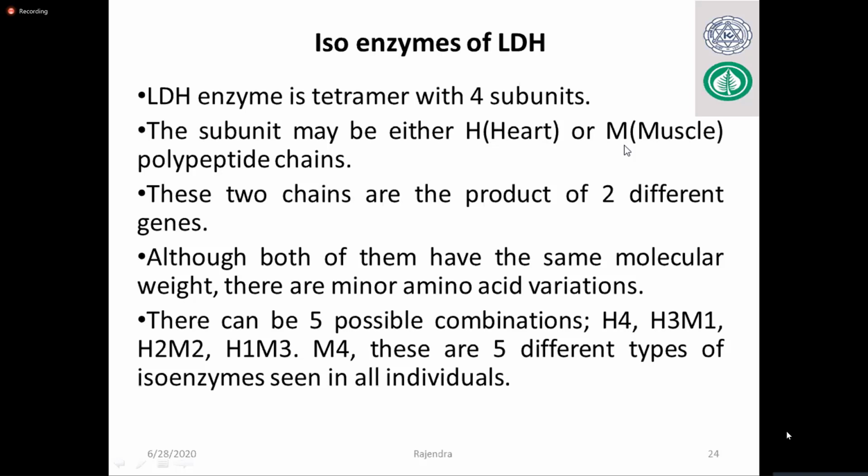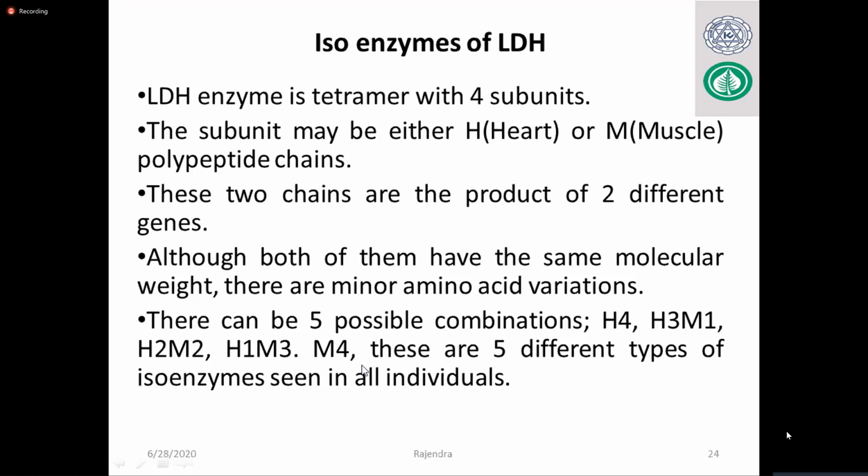These two chains are the product of 2 different genes. Although both have the same molecular weight, there are minor amino acid variations. There can be 5 possible combinations: H4, H3M1, H2M2, H1M3, and M4. These are 5 different types of isoenzymes in this LDH enzyme.